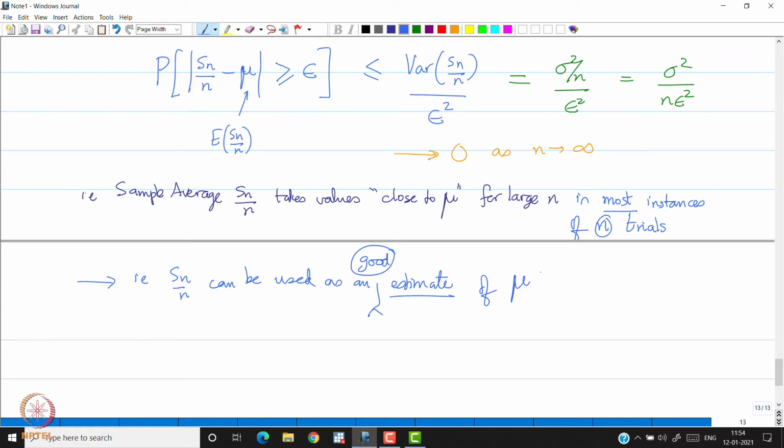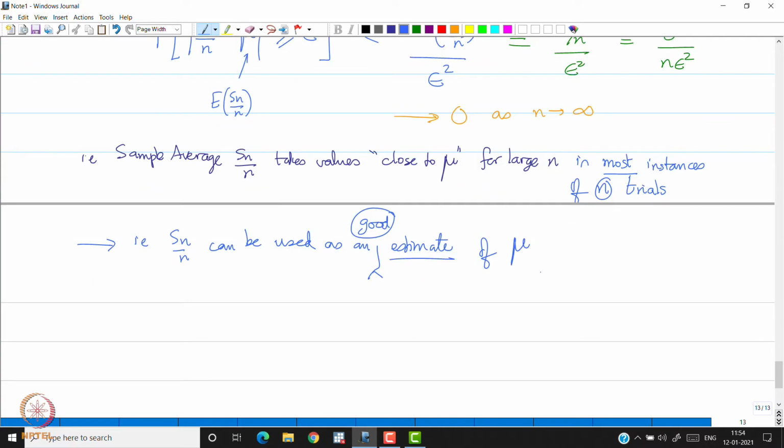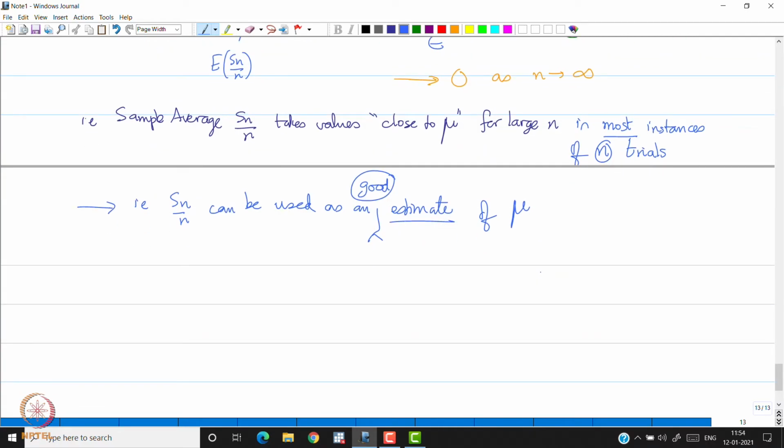Okay. So this is a very important statement of probability and is actually very general, and this is the so called weak law of large numbers.